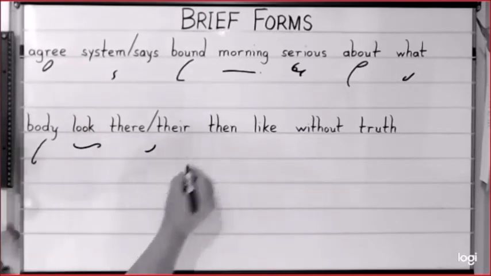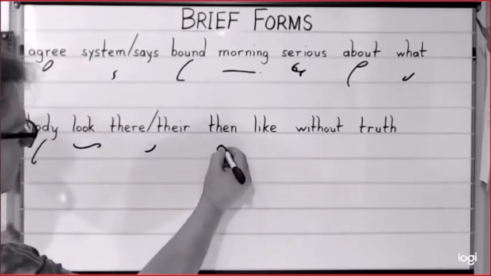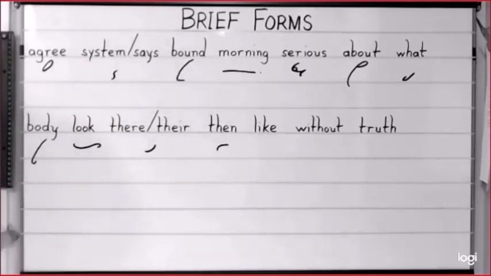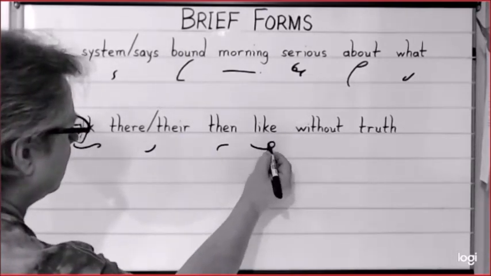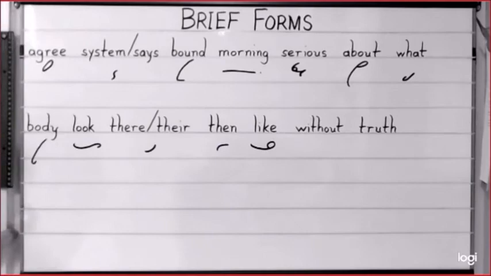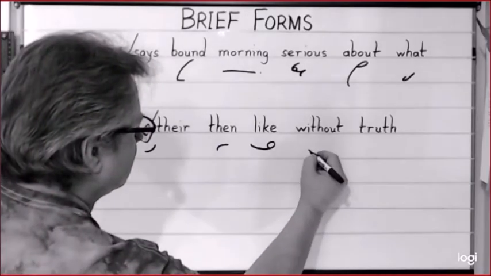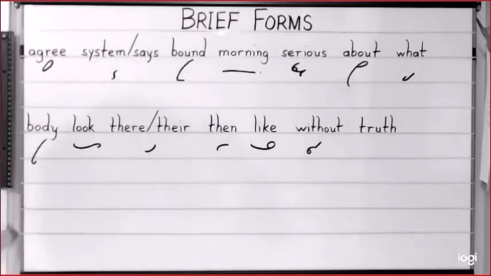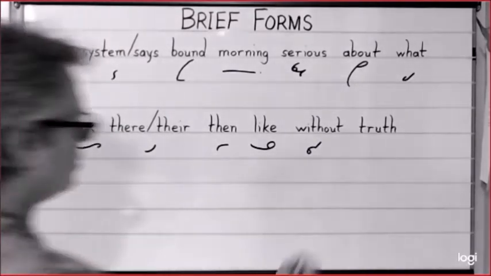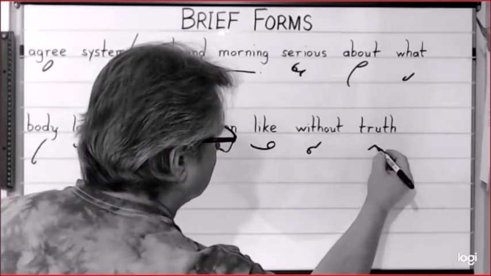The word then is the over TH and then extended a little bit to represent that N. For like, it is L-A. For without, it is E, TH, and a T. And finally, for the word truth, it is T-R.